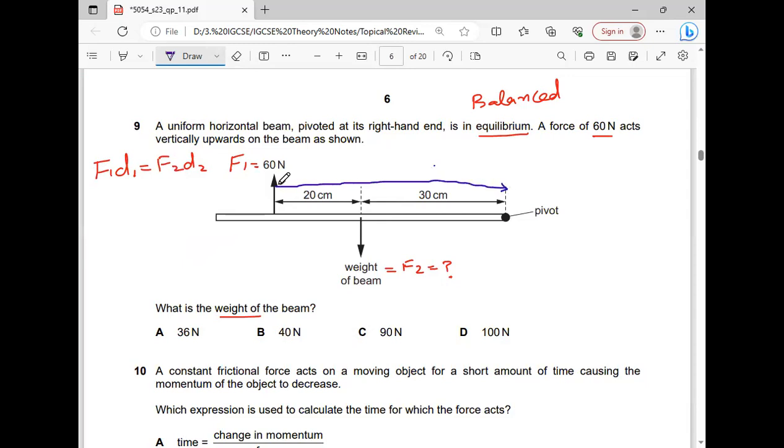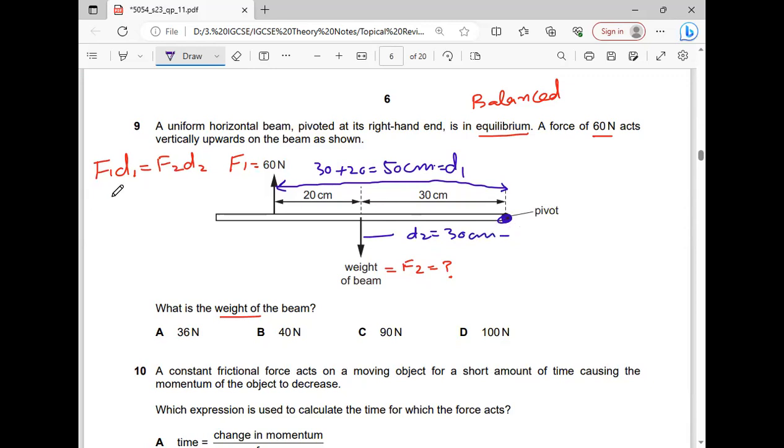So for F1, the distance from the pivot will be 30 plus 20 is equals to 50 centimeter. It will be equals to D1. Never ever consider it 20. The distance will be always taken from the pivot. And for F2, the distance will be obviously 30 centimeter.